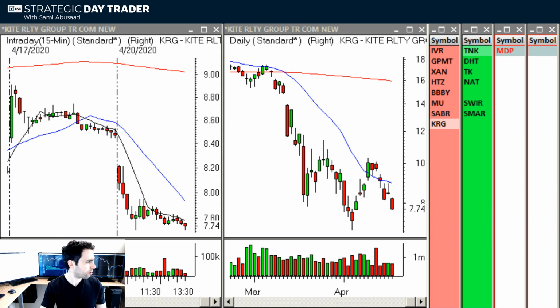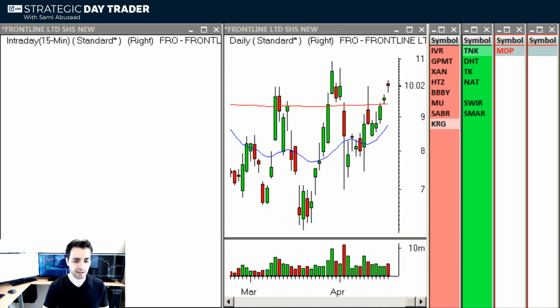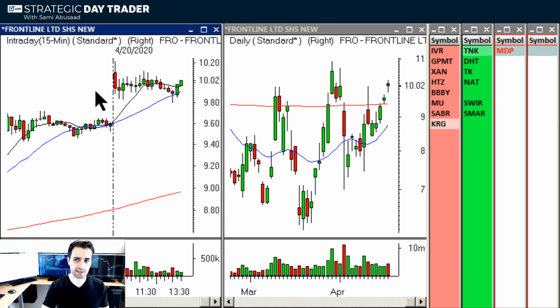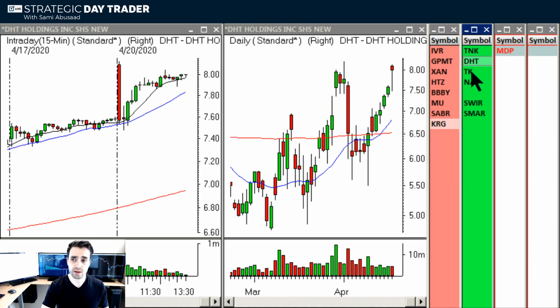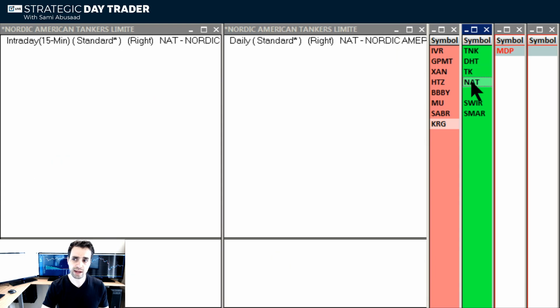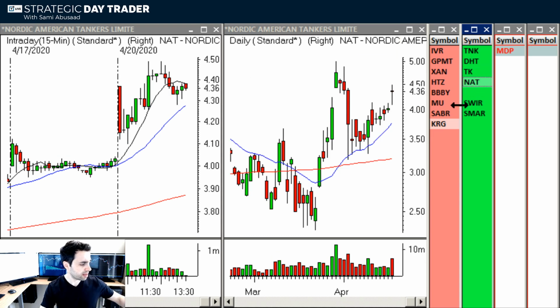Yeah, FRO, I don't like it that much though, because if you look at it, you have a lot of resistance right here. It's sideways today, sideways all day. These ones at least they moved. So that's why I put these. But I have all 6 of them. I have the TNK, the TK, the STNG, FRO, NAT, and DHT. Those are the best 4 out of the 6.